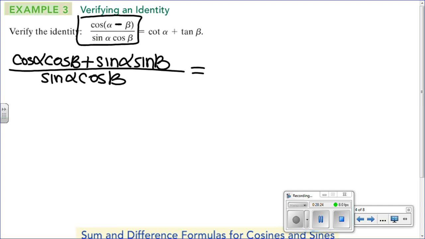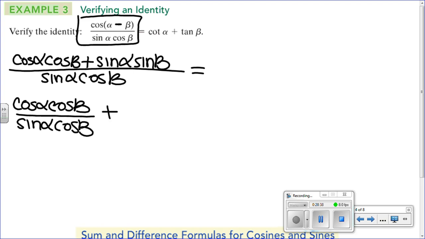Then after that, I'm going to split the fraction into 2. So each numerator divided by the same denominator, and then the second numerator divided by the same denominator.